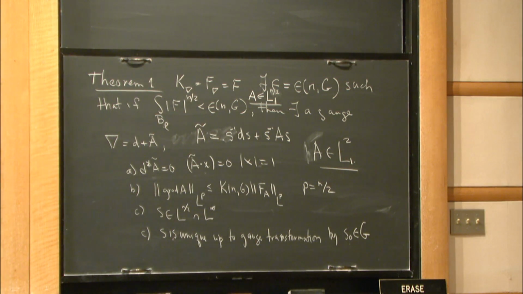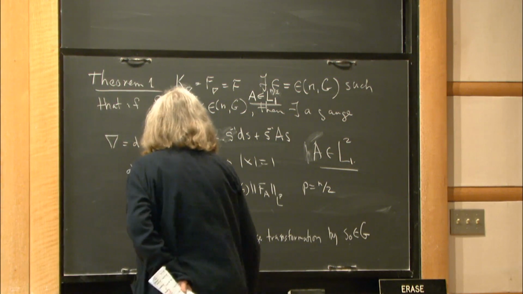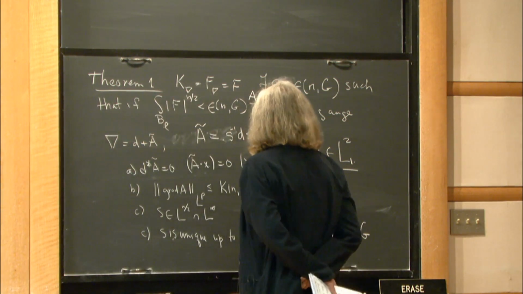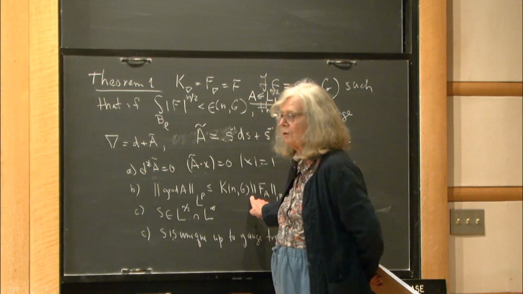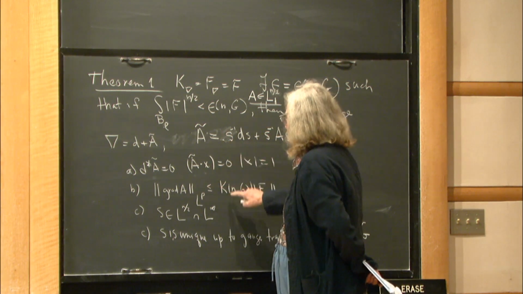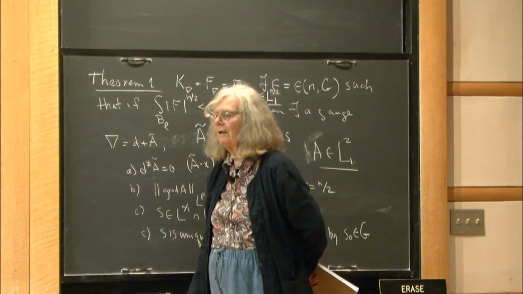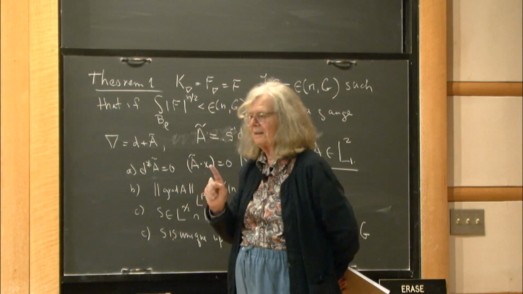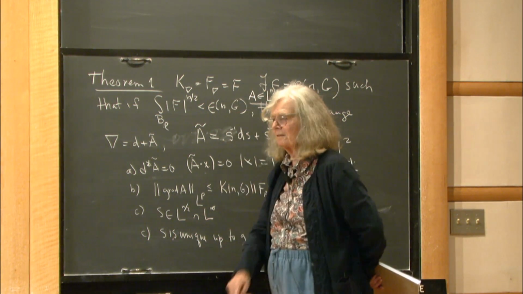And what about the uniqueness? That'll follow from these estimates. By the way, there's no uniqueness. The uniqueness holds if I require A to be small. There's no uniqueness under these hypotheses.